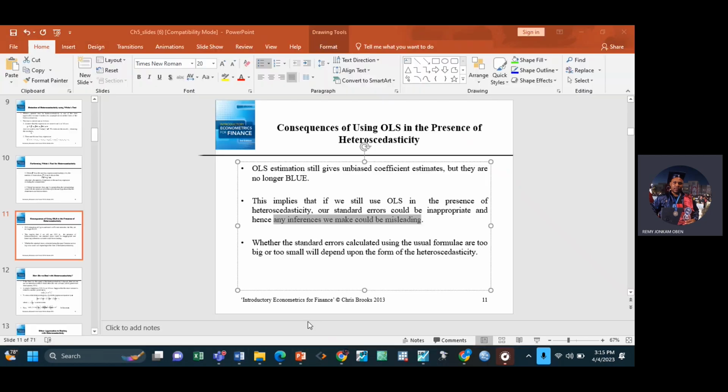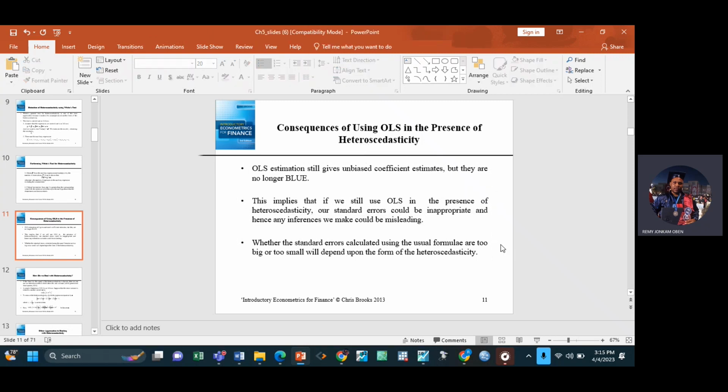So that is what this statement is telling us, that our standard errors will be wrong, and any inferences we make will be misleading. Understood? Okay. Whether the standard errors calculated using the formulae are big or small will depend. They can be big or small, but know that they will be wrong. So please don't use ordinary least squares in the presence of heteroscedasticity.